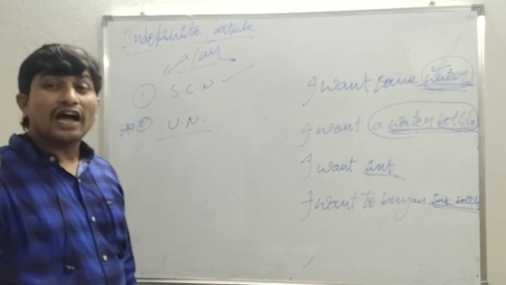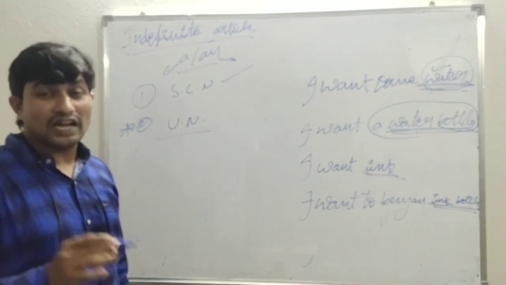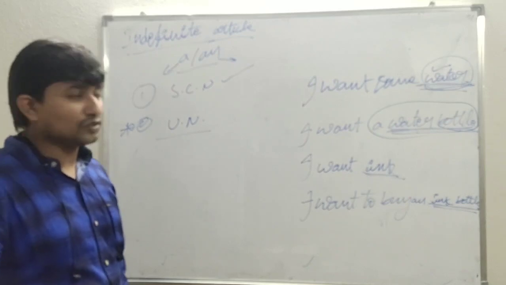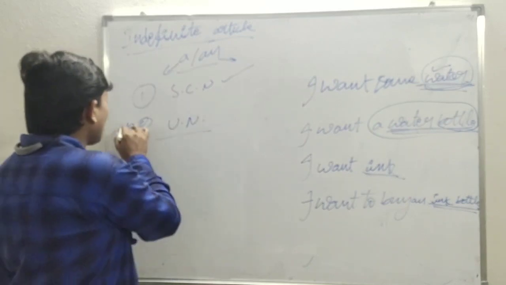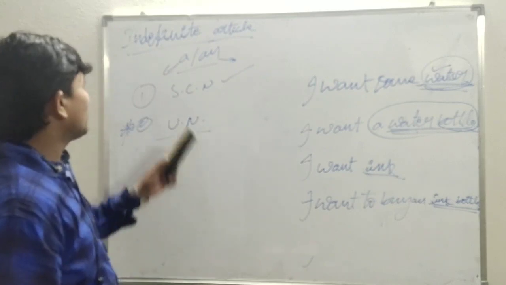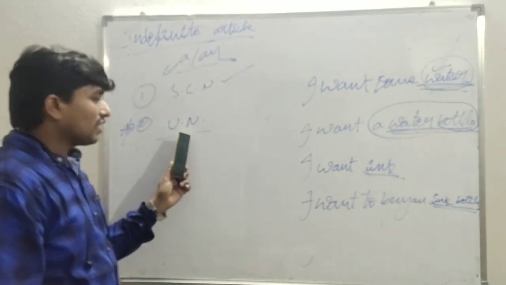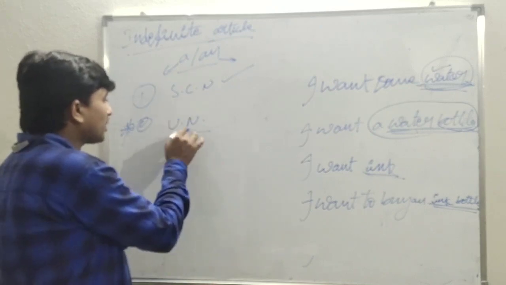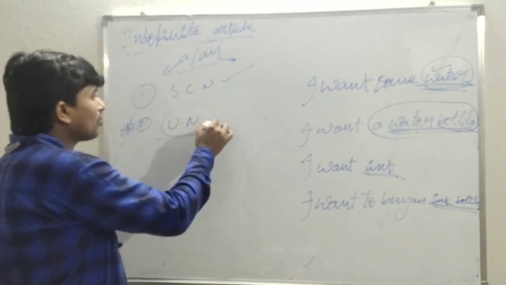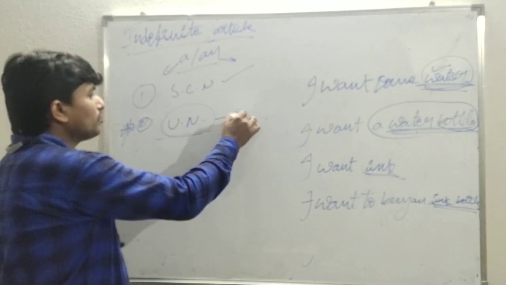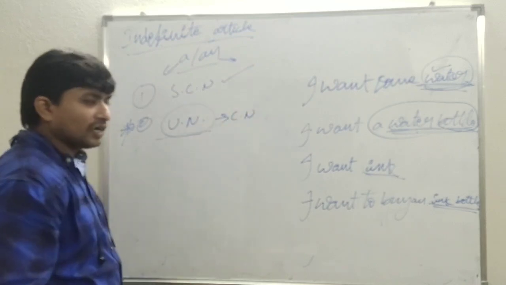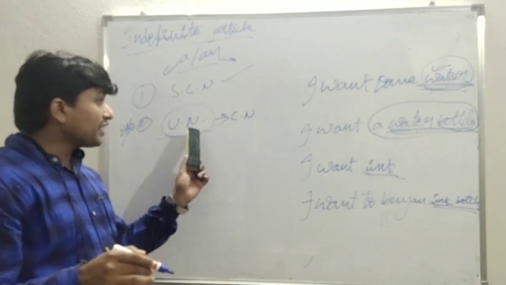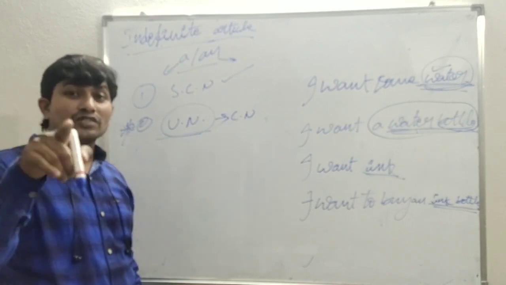Have you understood? But why have I told you again that an indefinite article can be used in front of an uncountable noun? Because I want you to know this uncountable noun will become a countable noun when it is used with a countable singular noun.